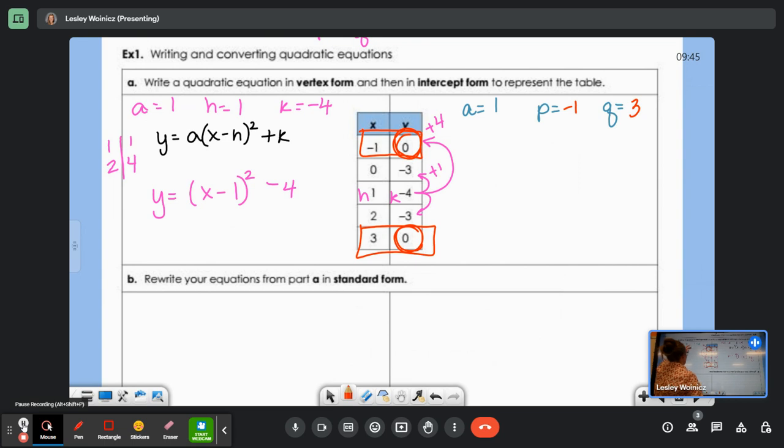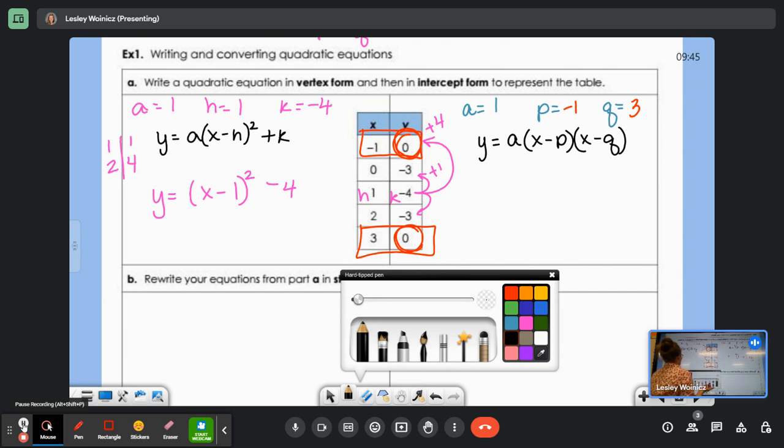Okay, now we're ready to write. Let's write down the form. It goes y equals A times x minus P times x minus Q. Then we plug in all of our stuff.